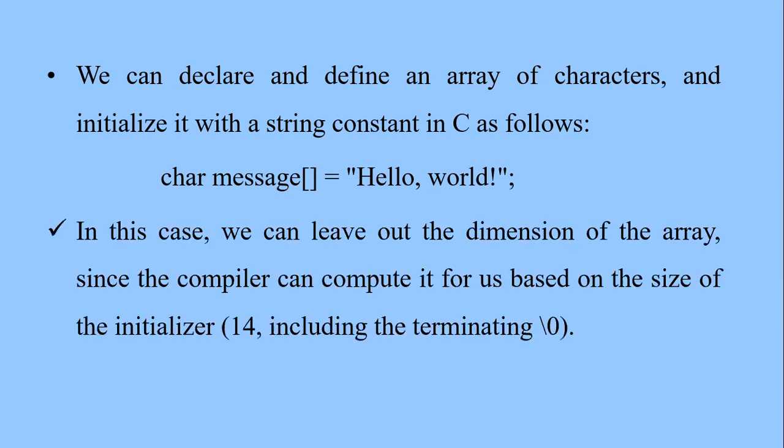In this case, we can leave out the dimension of the array since the compiler can compute it for us based on the size of the initializer, that is 14, including the terminating escape sequence character.